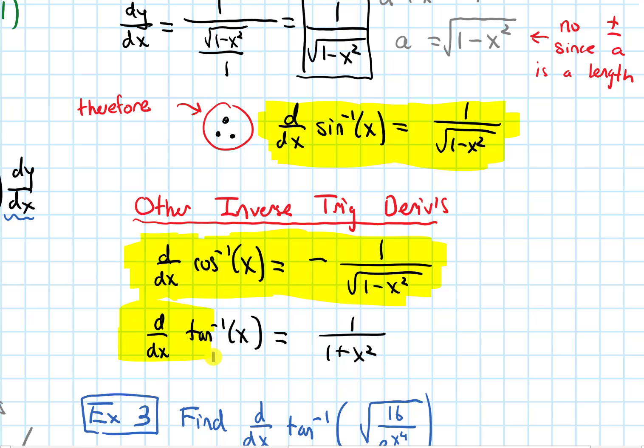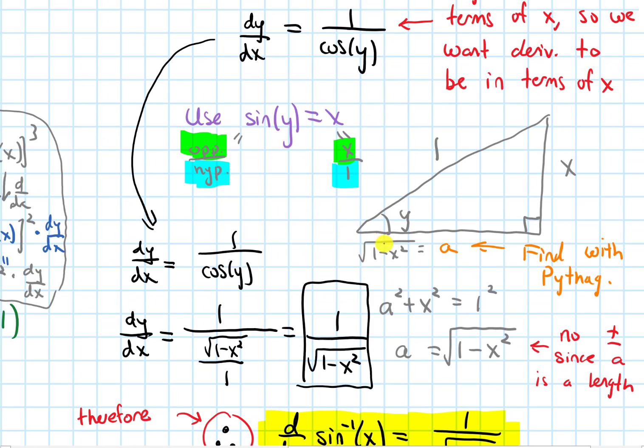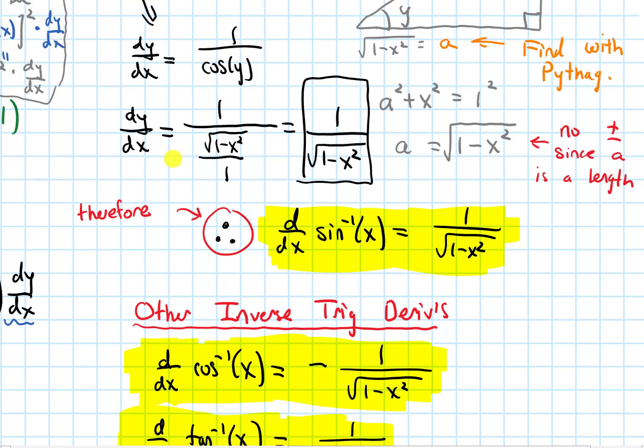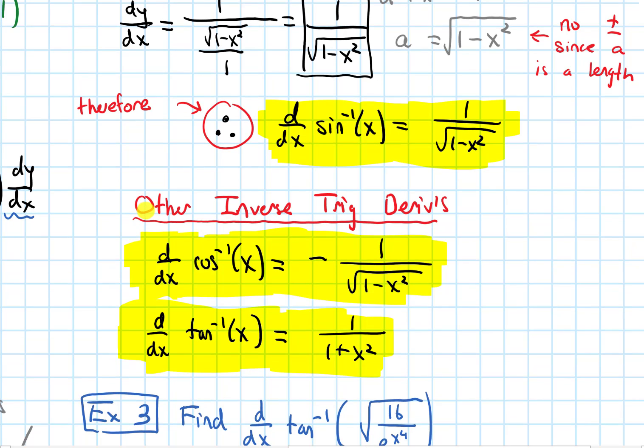So I'm just going to state these. If there's ever a scenario where you need a different inverse trig function's derivative, like secant or cosecant or cotangent, we could look those up in a table of integrals, or we could just derive them in this sort of way, like we did here. Okay, so for both of these, there are similar proofs.